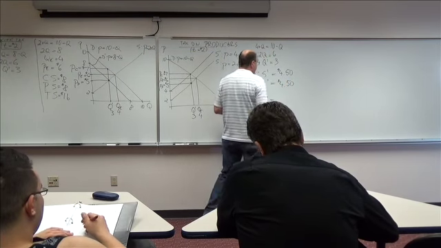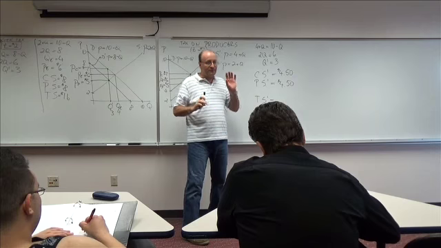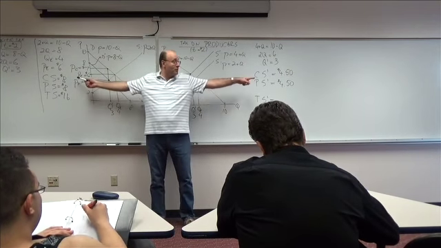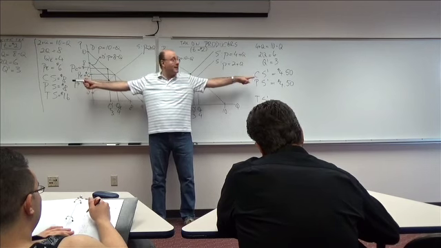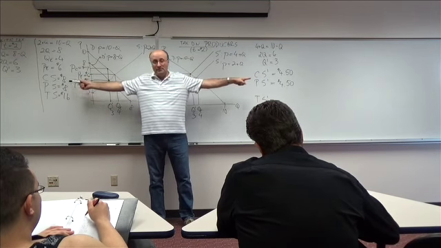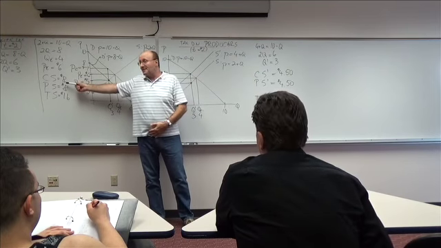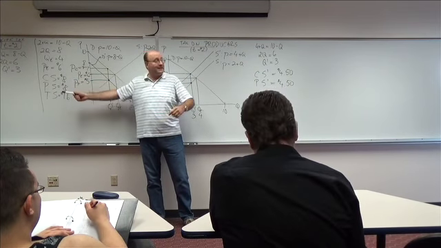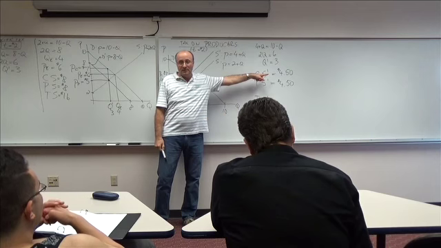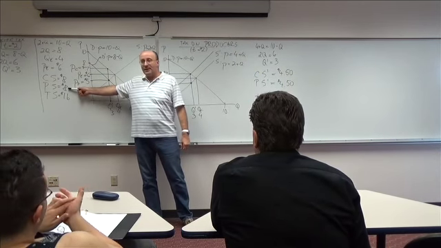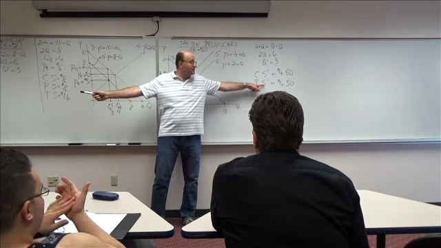3 times 3 divided by 2 is $4.50. All right, guys. So first of all, tell me, what is the impact of the tax on consumers? Do consumers like the tax? No, the tax reduces consumer surplus from $8 down to $4.50. How about producer surplus? What happens to producer surplus as a result of the tax?